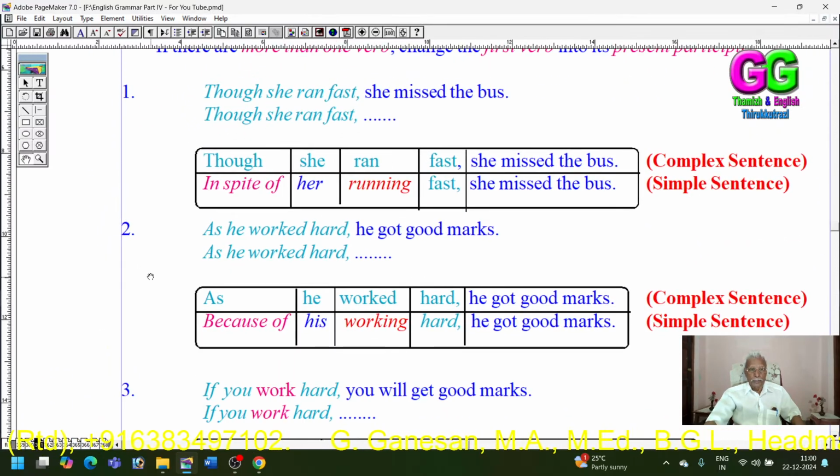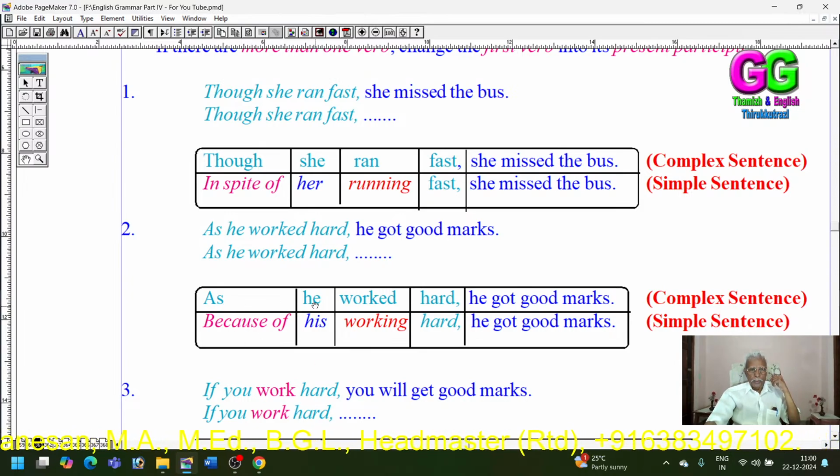The second example: as he worked hard, he got good marks. As is the conjunction; the phrase is "because of". There are four phrases used for "as": because of, due to, owing to, on account of.